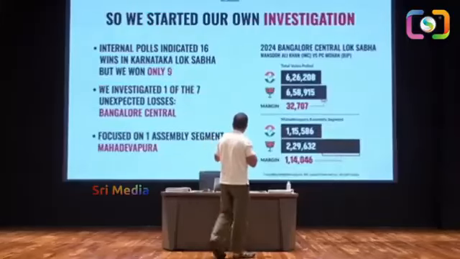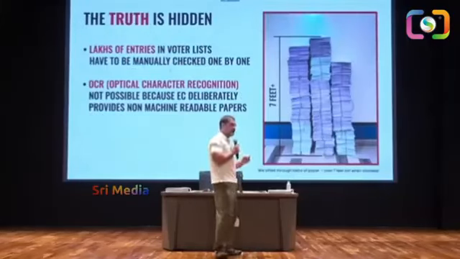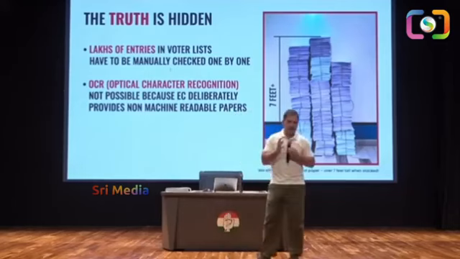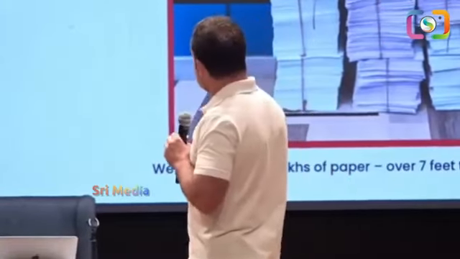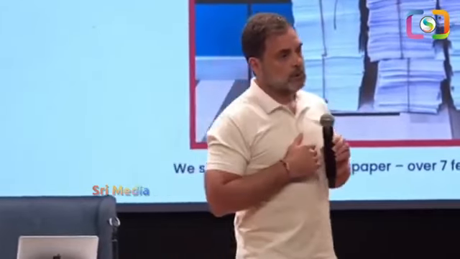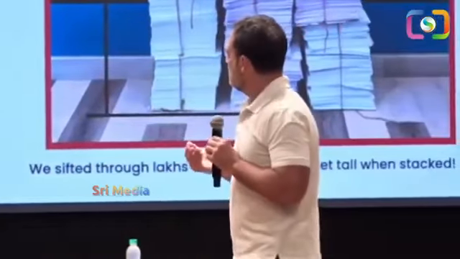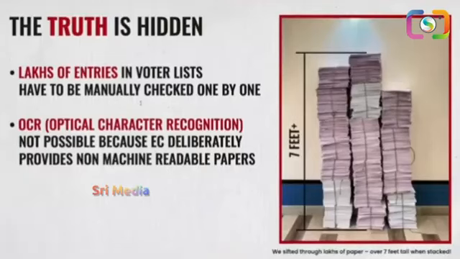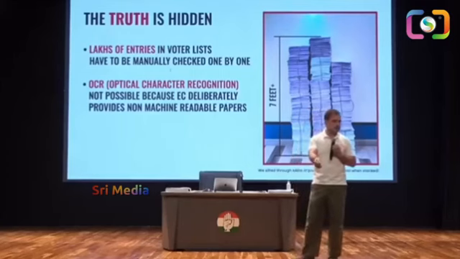Next. Sorry, just go back. There's another very interesting thing that we discovered, which came as a shock to us, which is that these papers that are given, they themselves do not allow for optical character recognition. So if you scan them, you can't actually get the data out of them.